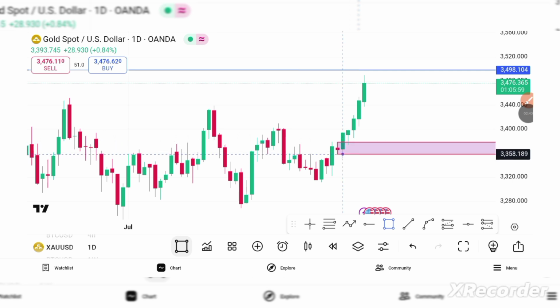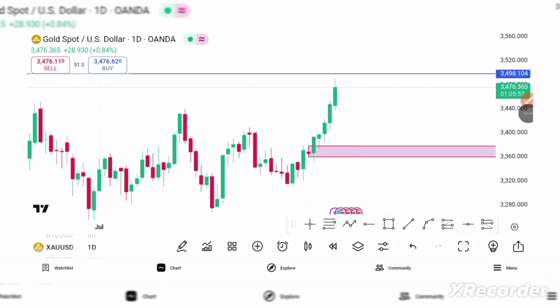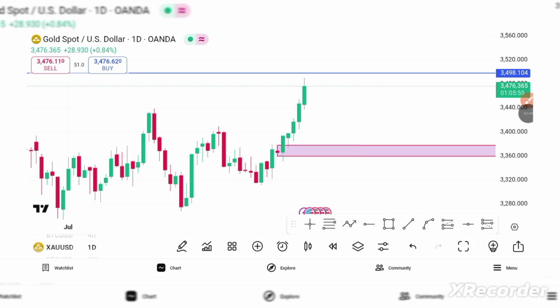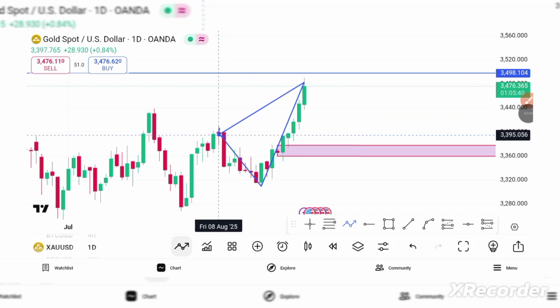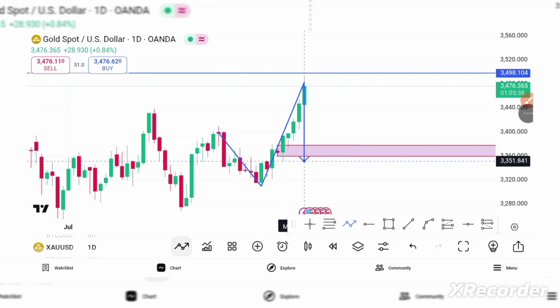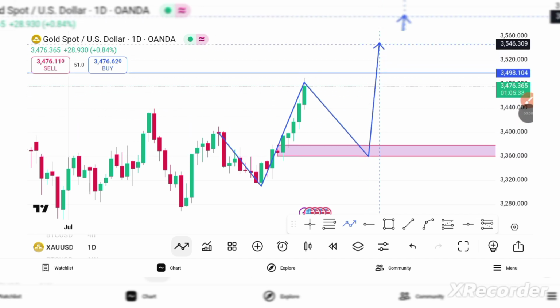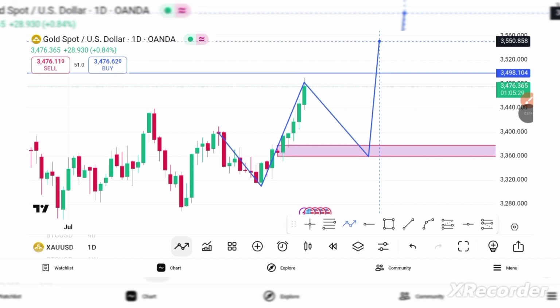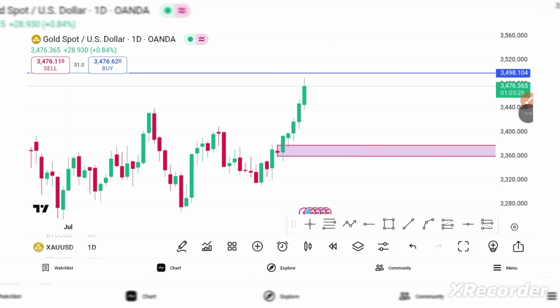When price takes out this high and breaks structure to the upside, we anticipate that price should pull back into this zone before the real move to the upside. That is what we anticipate in normal circumstances.